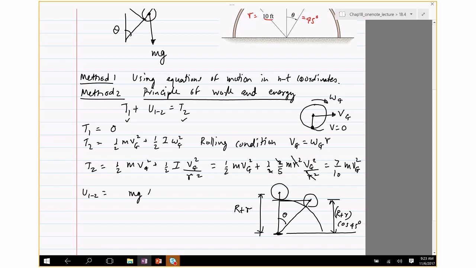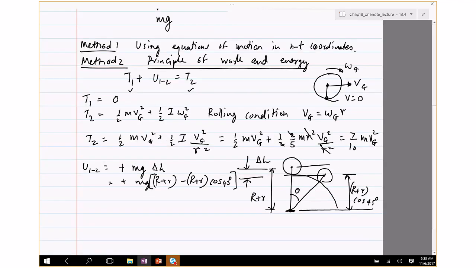So mg delta h is mg, and this is delta h. I also need to figure out the sign. mg is down and delta h is down, so the sign is positive. So this is right.